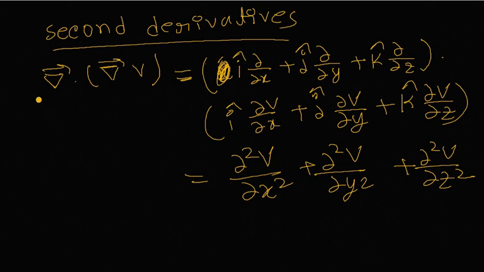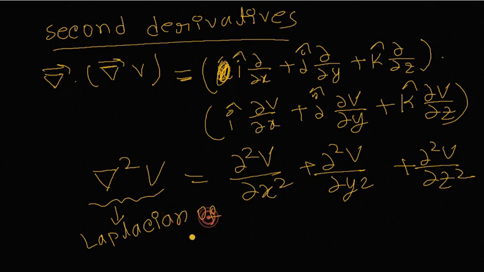This second derivative of grad v is written as del square v. This is actually called the Laplacian of v.